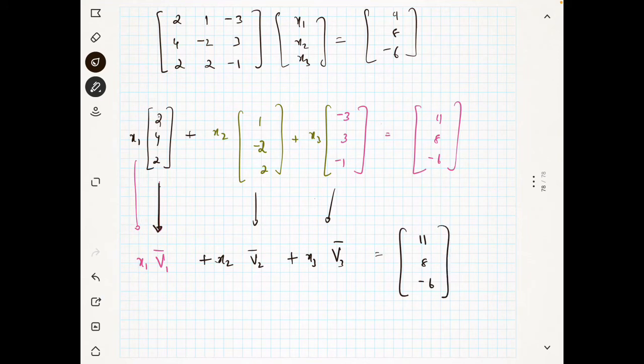So this is what your equation is. So what is your v1? Your v1 is this one, and this is your v2, and this is your v3. So this is in the vector form basically.